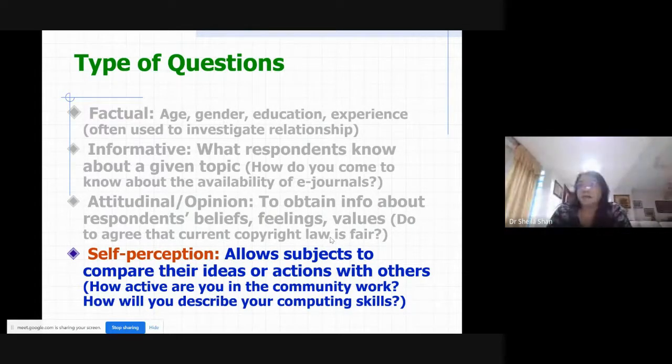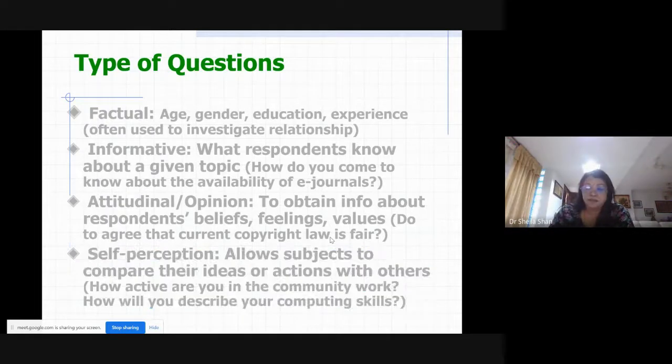For example, when there is a community work, social service, we see that a lot of Buddhists are very involved. This is my perception. I'm not saying anything, I'm just telling my perception. So this is self-perception, right? How will you describe your computing skills? These are your perceptions. You know the answer best, right?